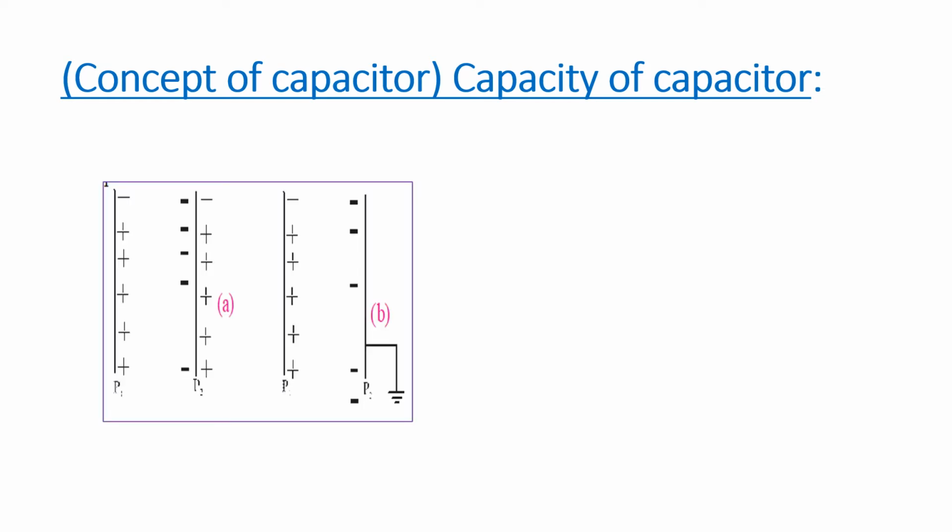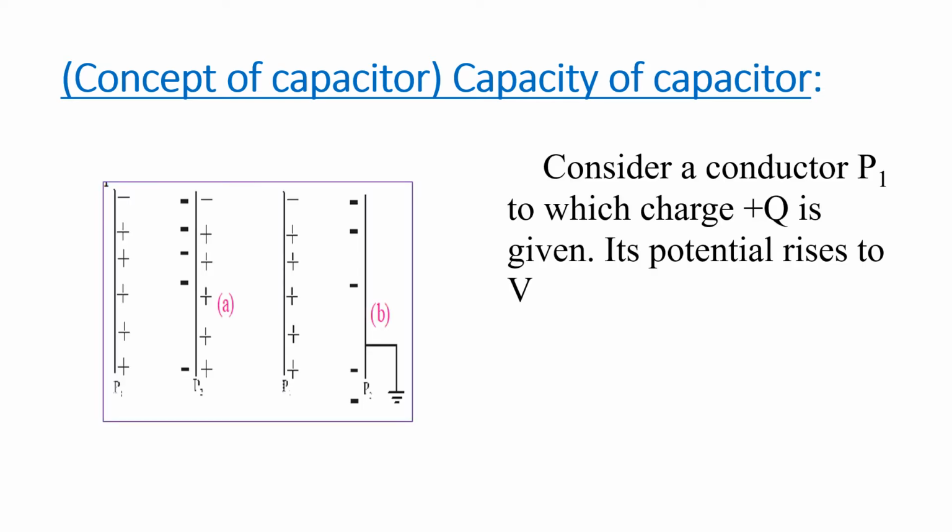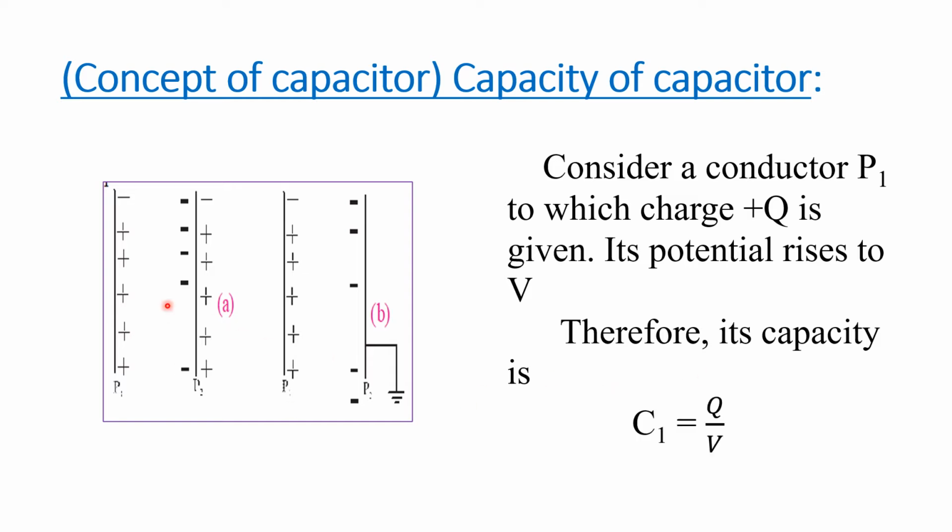Consider a conductor plate P1 which is shown in figure A. To this conductor plate P1 a charge plus Q is given. Its potential rises to V. Therefore, its capacity is given by C1 is equal to Q upon V.